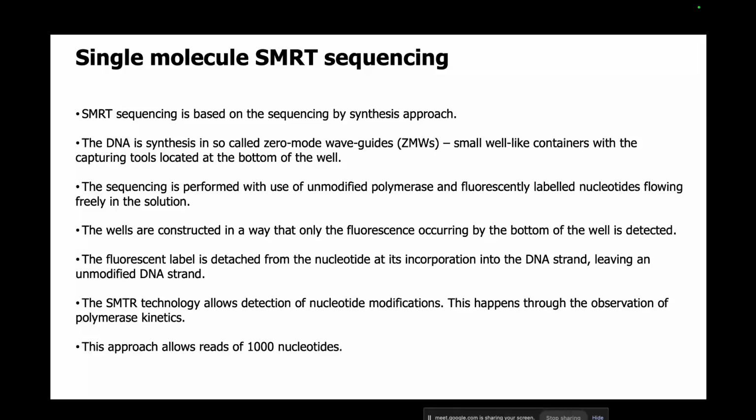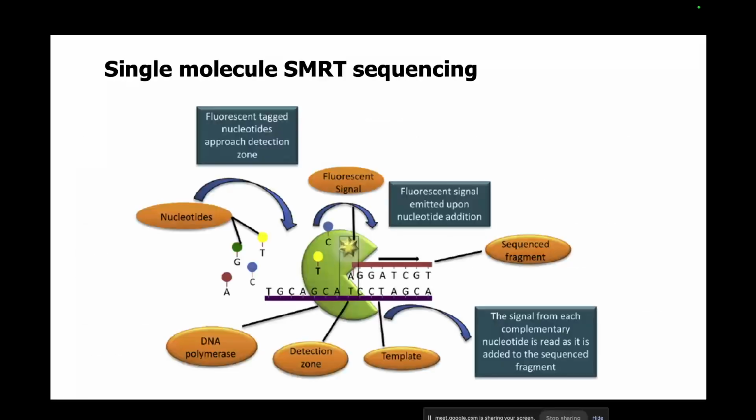So this technique can go up to 1000 base pairs. It is slightly better than Illumina, which will go up to 300 to 500. Inside the well, which is happening inside those ZMWs, you have your actual read.